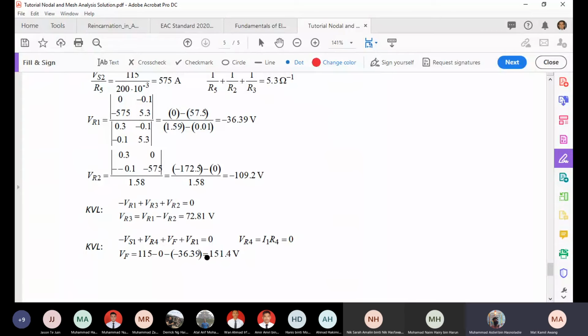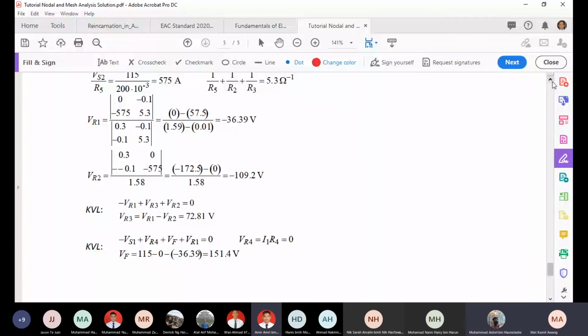Not the voltage of the fuse. So I will correct the solution and I will post it to all of you later.